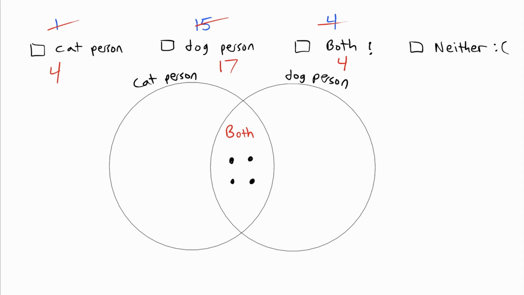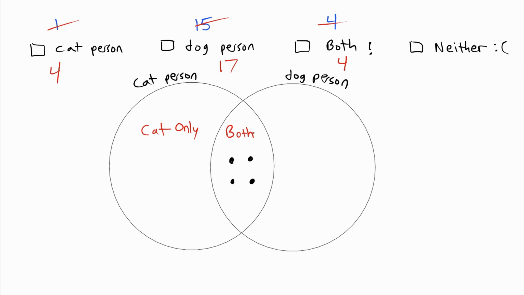So, here's the thing. I didn't raise my hand for both. Okay? I raised my hand just for cat. There's still a problem here. You know what I mean? Where would I go in this diagram? Would I go on the left in what would be called the cat-only region?